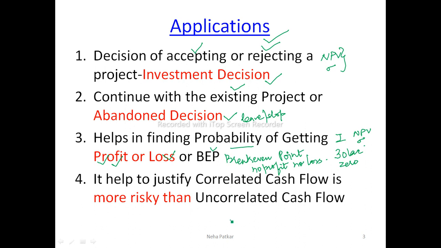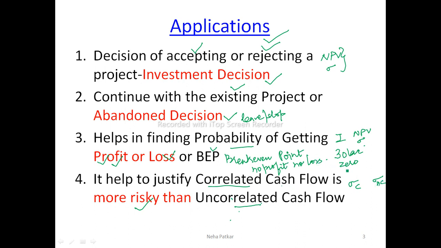Last but not the least point is that we can justify that correlated cash flow is more risky than uncorrelated cash flow. Okay, how? When we calculate the value of sigma, that is standard deviation, of correlated cash flow, and compare it with the non-correlated cash flow, which one will be greater?